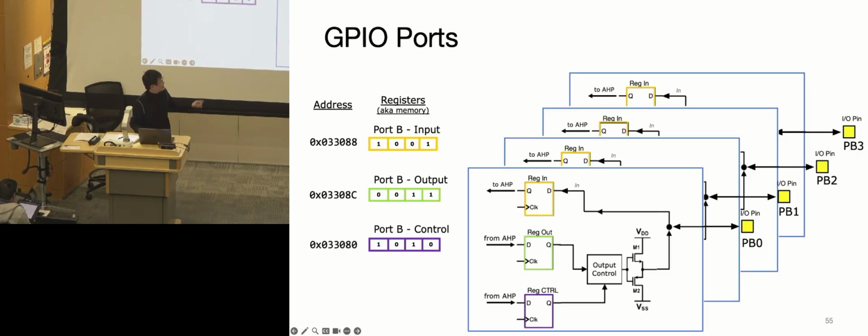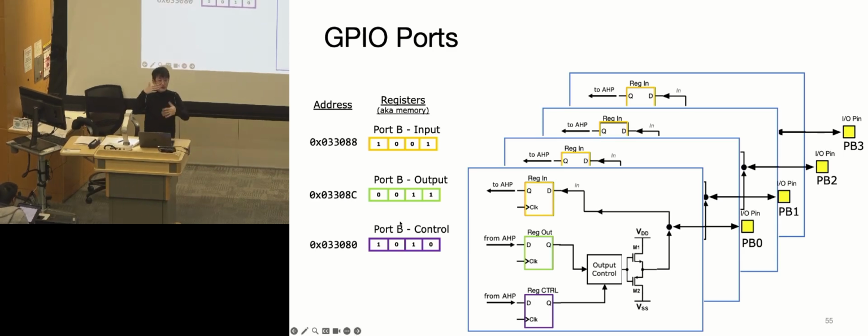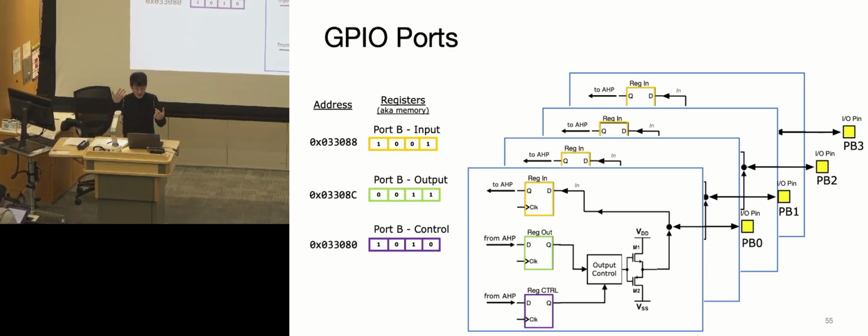Each bit is assigned to one of these, and from one level up, the core or the masters or requesters will look at one register and know what bits to write into each of these specific GPIO pins.